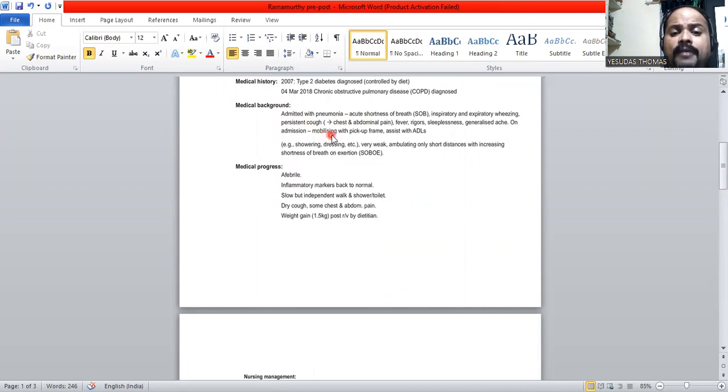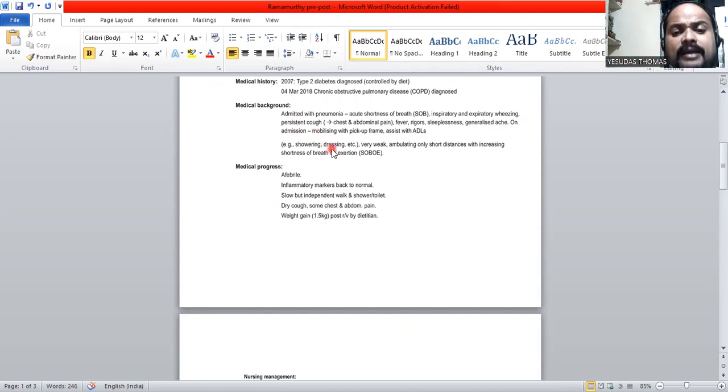At the time of admission, he had SOB, shortness of breath, inspiratory and expiratory wheezing, persistent cough, and chest and abdominal pain, fever, rigors, sleeplessness, generalized ache.